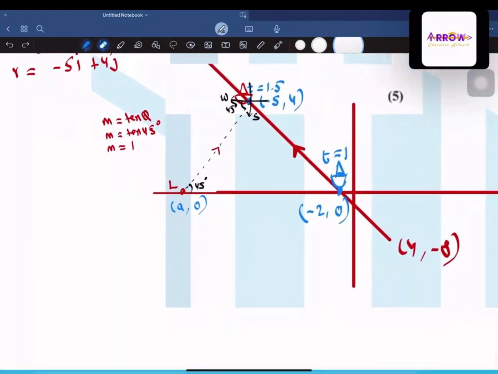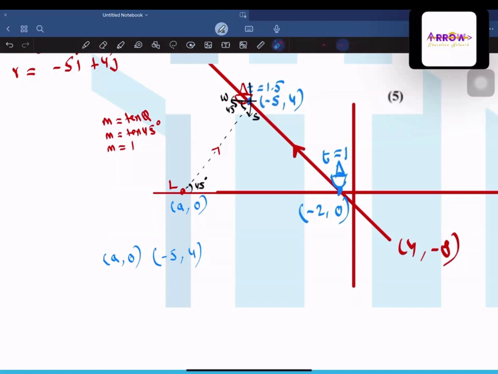So the gradient of the line connecting these 2 points, one point a comma 0 and the other minus 5 comma 4, at t equals 1.5 this point is minus 5 comma 4. Let me remove that black line.